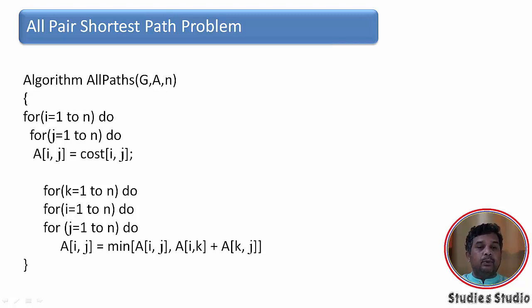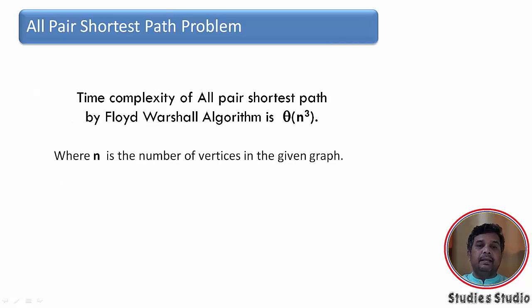So what I am doing, I take the minimum of the original value of ij and ik plus kj and write it here. So you got the algorithm also. Now can you guess what will be the complexity of this all pair shortest path? The complexity will be theta of n cube, where n is the number of vertices in the graph.